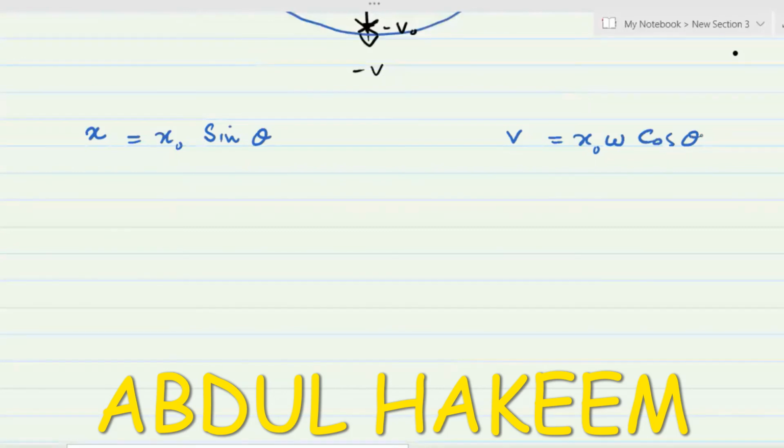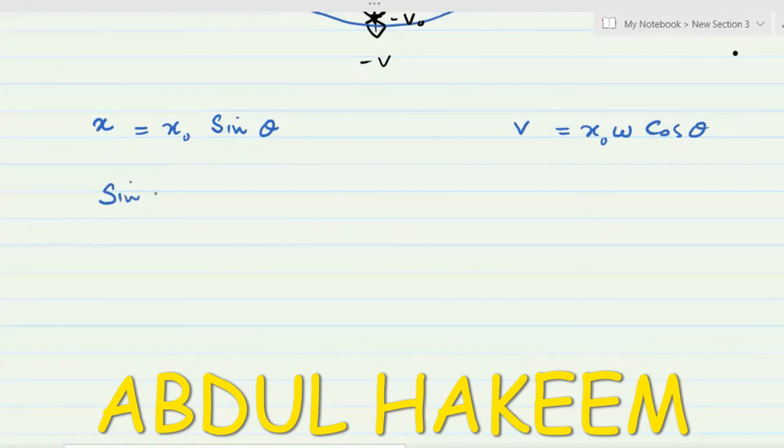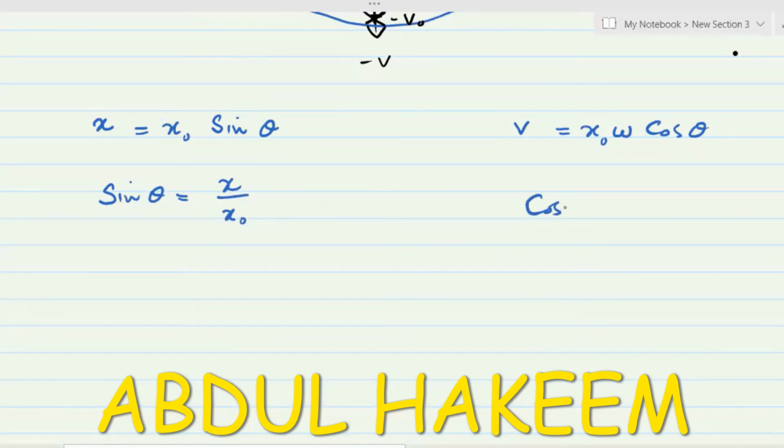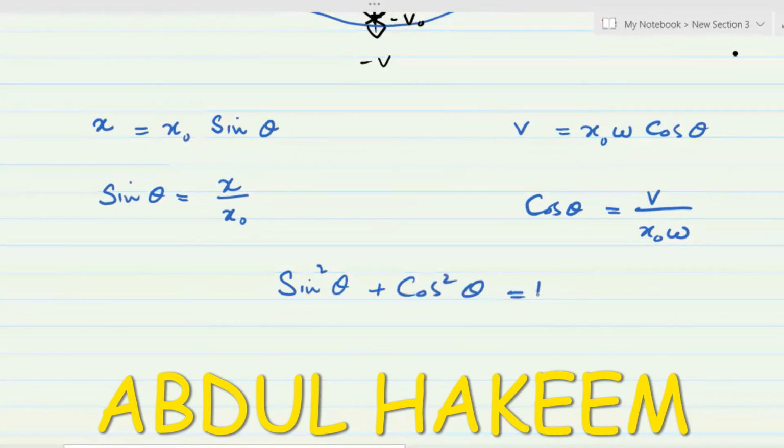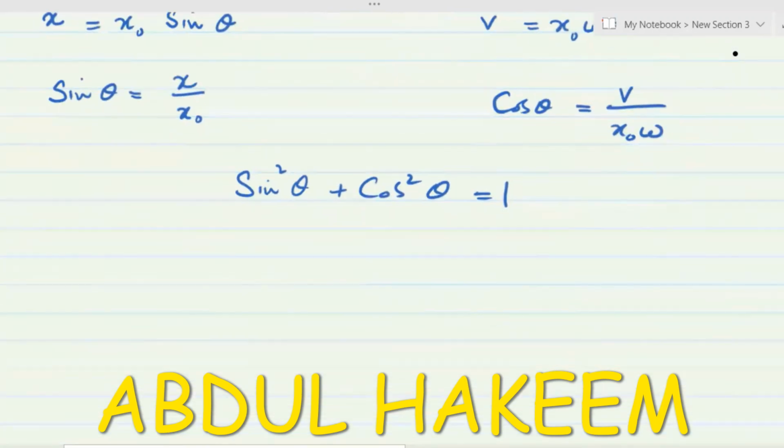Now from the first, we can write sine theta is equal to x over x naught, and the cos theta is equal to v over x naught omega. Okay. Now, according to the maths, sine square theta plus cos square theta is equal to 1. So substitute sine and cos here.